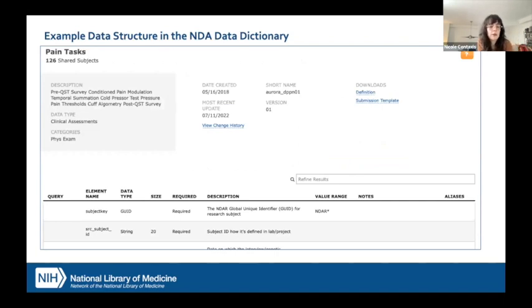So this is an example of a data structure in the NDA data dictionary. What we're seeing here is a question about how you note how much pain people experience while performing specific tasks. And you can see that they're collecting a lot of different pieces of information, and each of these pieces of information has a description, has an element name, etc.